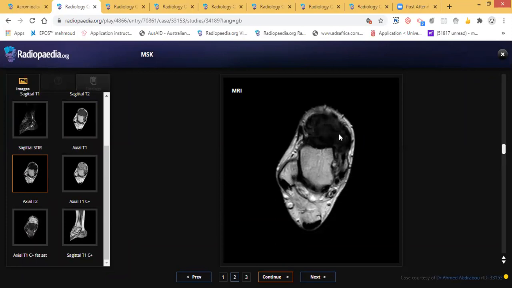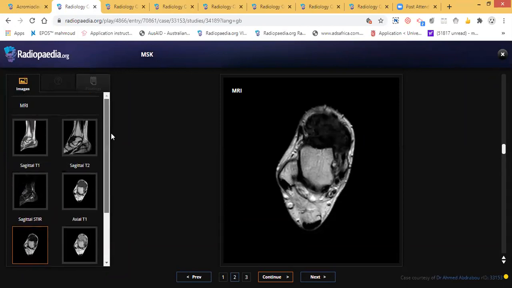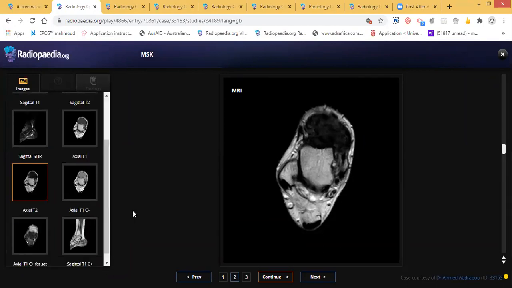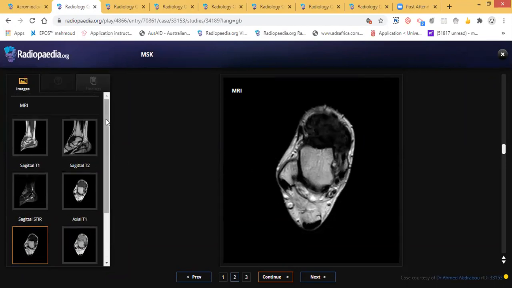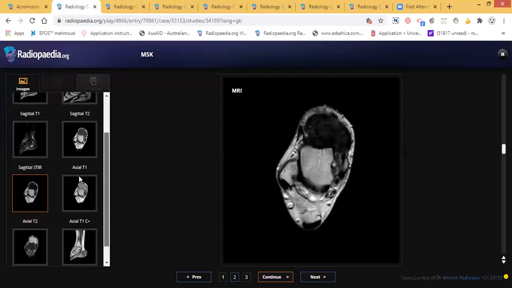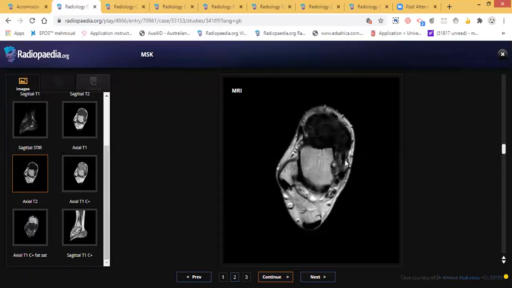When you find blooming or black artifact, or in T2 you find this black signal, one of the good differentials will be pigmented villonodular synovitis. When it's extra-articular, near the joint or the tendon, what is it called? Yes, the other name of this, pigmented giant cell tumor, exactly, perfect.